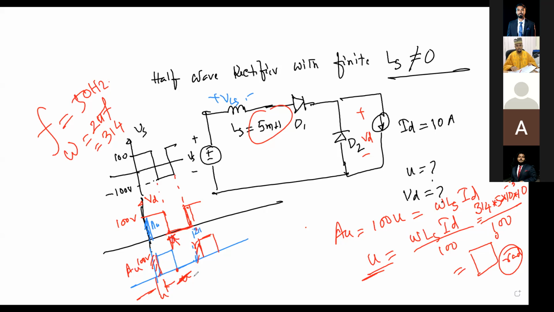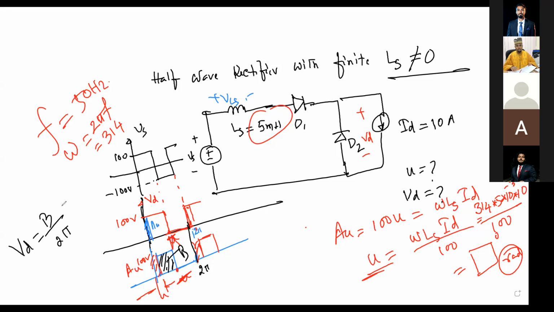Now, this is the voltage actually we got in one cycle, right? So what will be the area B? 100 pi minus U, divided by twice pi.